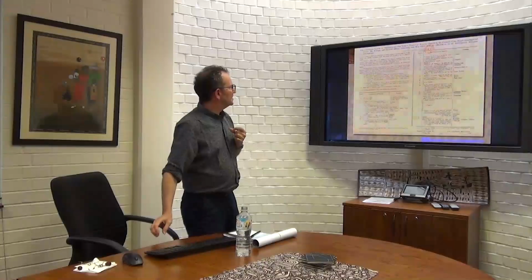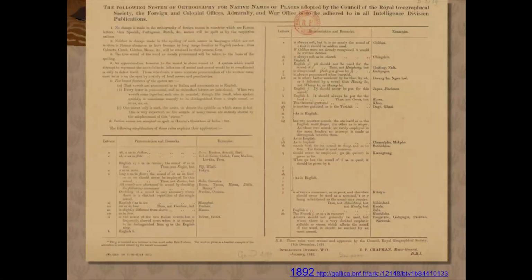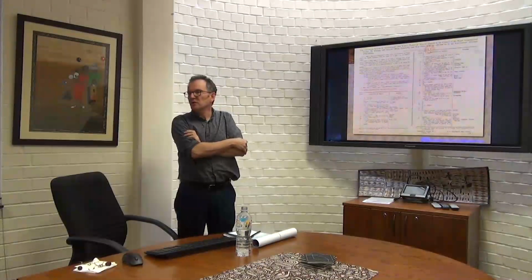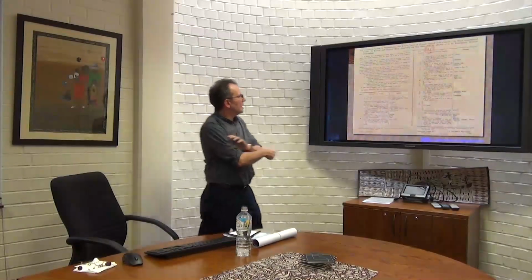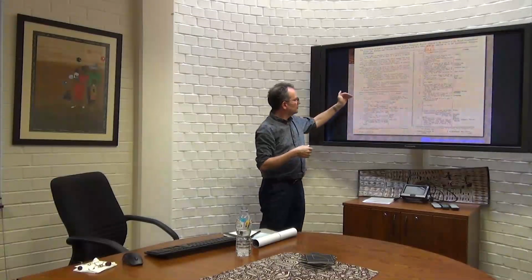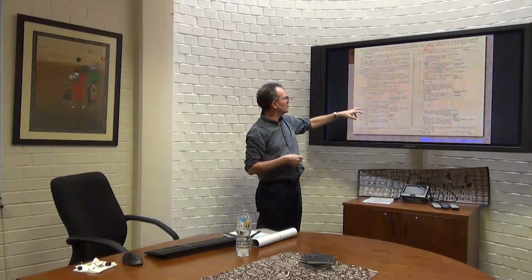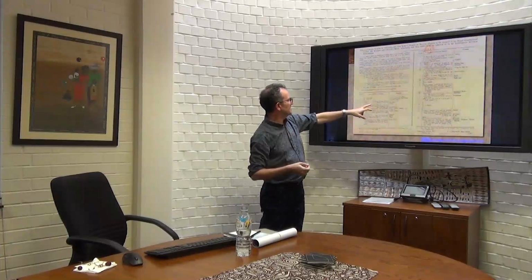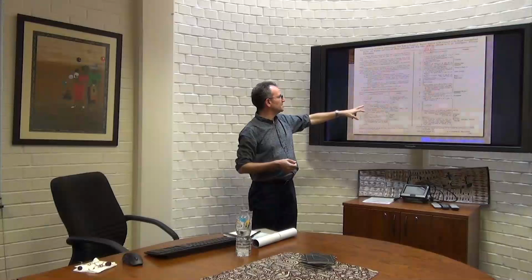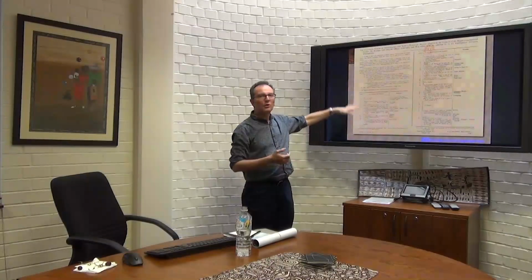And what's interesting is that in 1892, the Royal Geographic Society sent out these instructions for writing native languages to colonial authorities all over the empire. So this is actually quite a good summary of, you know, R as in fibre, E as in English, racine, O as in moat, and so on.